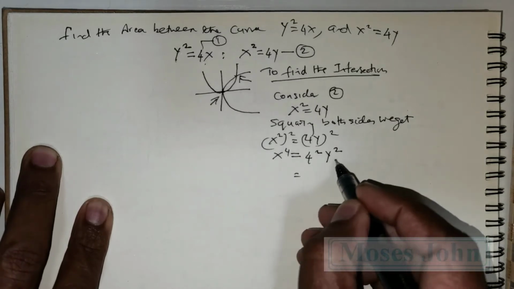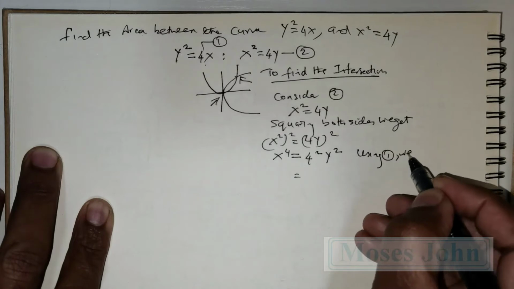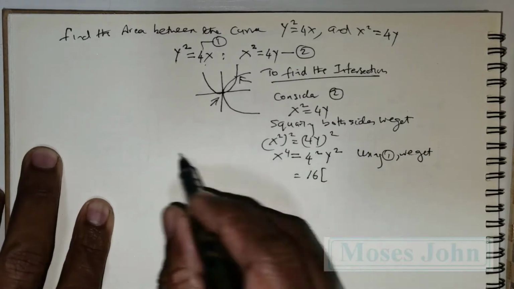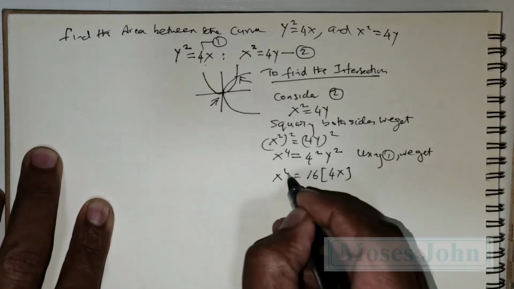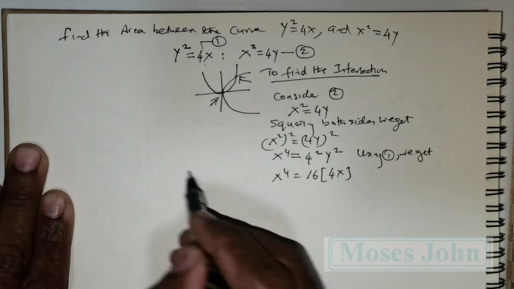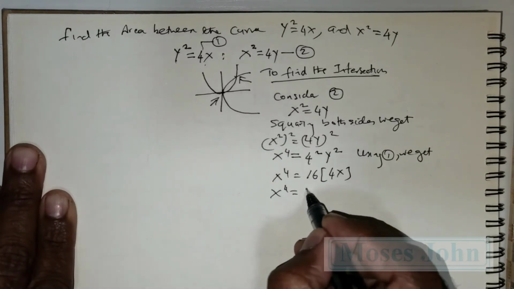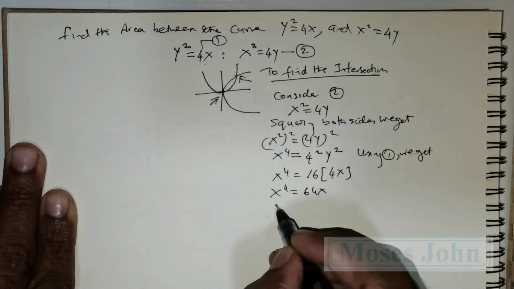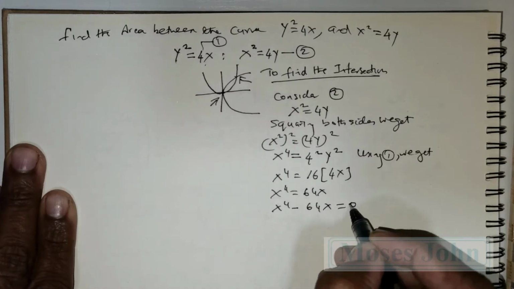So using 1, we get 16 times y squared, where y squared is 4x, substituted there, and on the left you have x to the power 4. If I rewrite this, I get x to the power 4 is equal to 64 times x. I can rewrite this as x to the power 4 minus 64 times x is equal to 0.